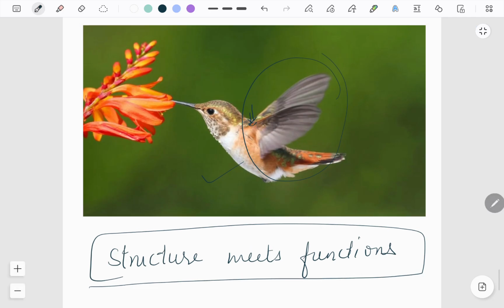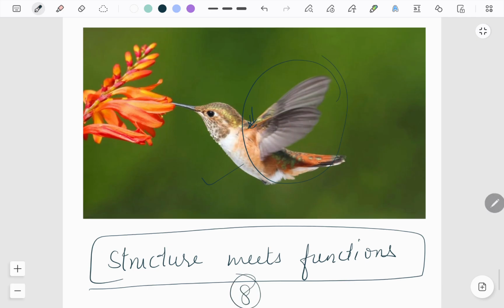This is the only bird, the hummingbird, that has ball and socket joints on the shoulders, so it can rotate its wings 180 degrees. Normally, when the wings rotate, they make a figure of 8 in the horizontal direction, and this structure helps the bird hover in one place.